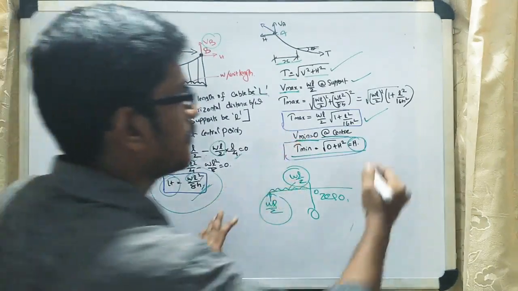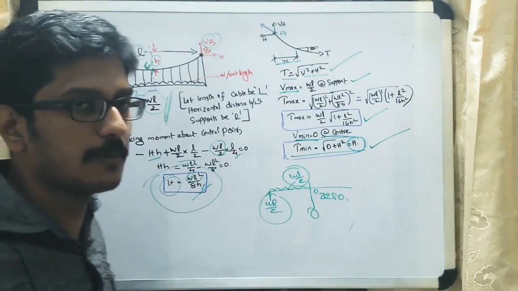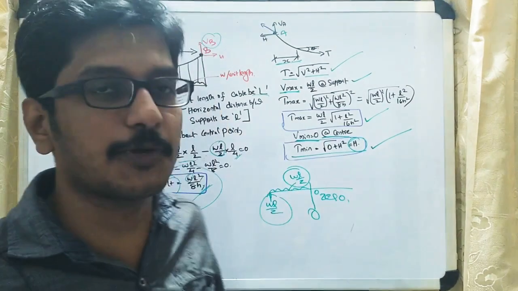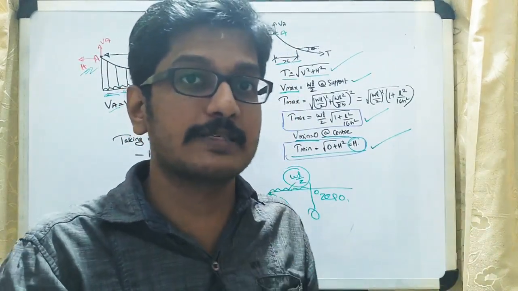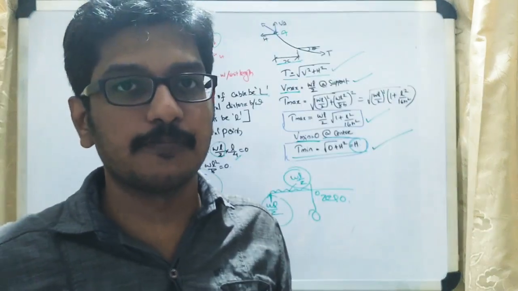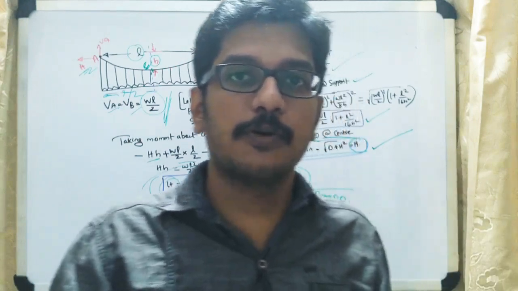You have to learn these T max and T minimum values by heart. If you are given a problem, you can directly apply these equations and find where the maximum and minimum tension values are, and also the horizontal thrust value. The rest of the things we will discuss in the next video. Okay, thank you.